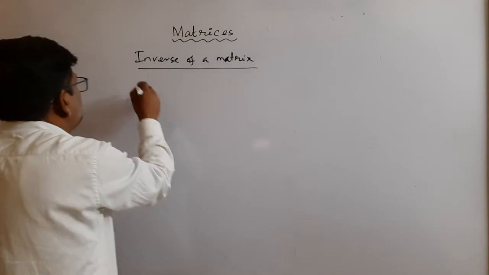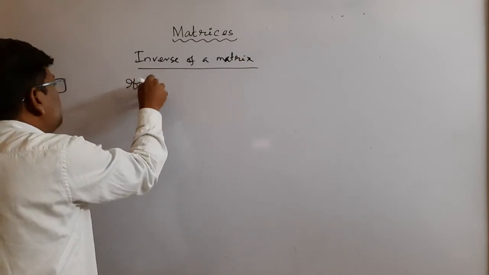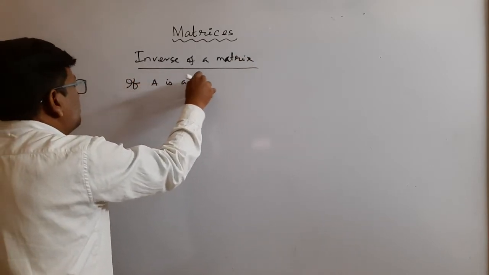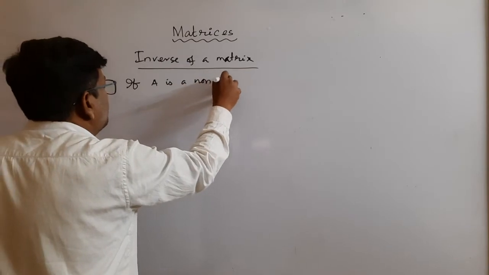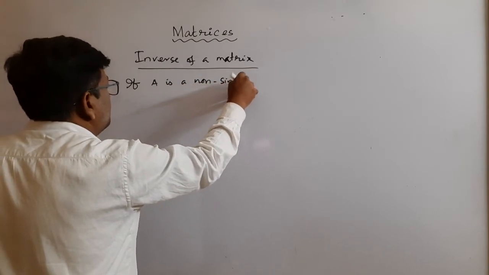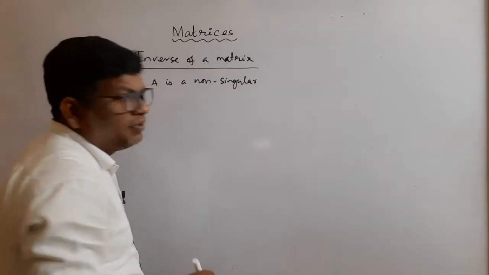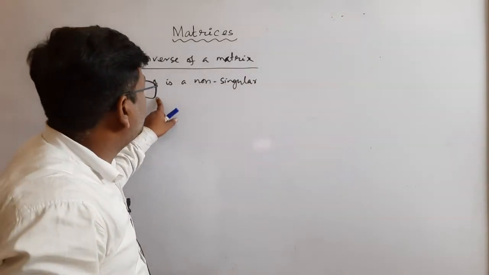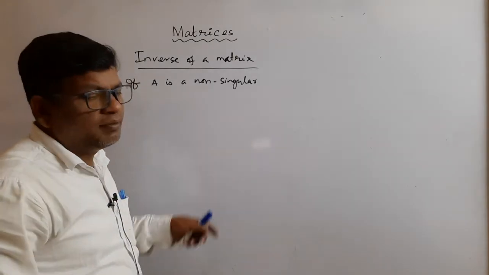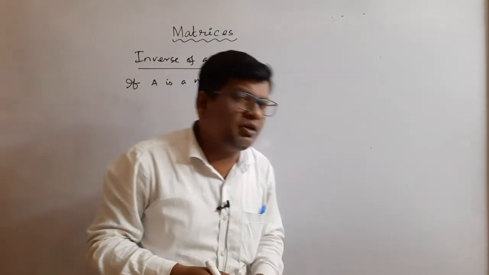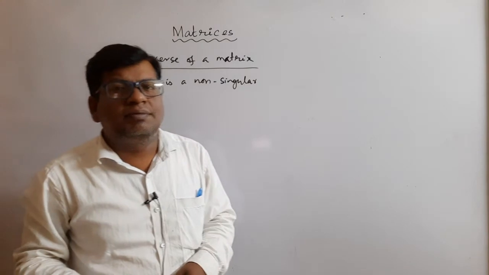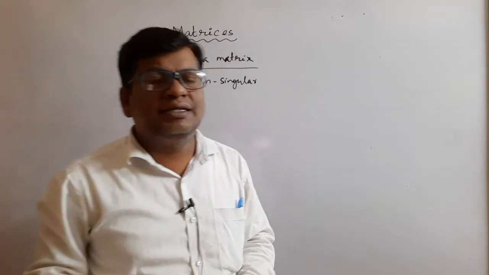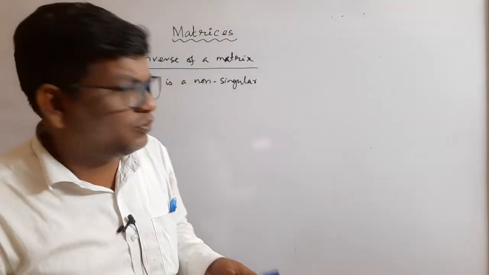If A is a non-singular matrix, what does non-singular mean? Its determinant value is not equal to 0. A square matrix is said to be a non-singular matrix if its determinant value is not equal to 0.